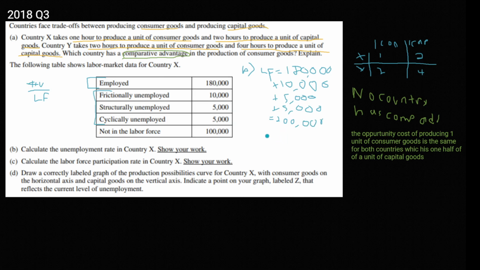And then we just divide the total number of unemployed by those people. So that's just 20,000. It's 10,000 plus 5,000 plus 5,000, 20,000. The total number of unemployed people, just adding up each of these different types of unemployment. 20,000 divided by 200,000.